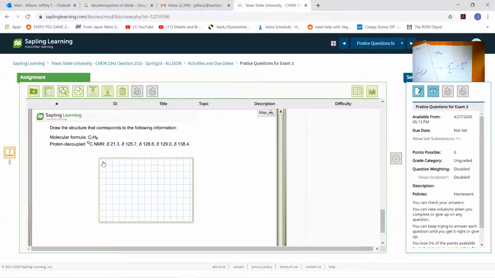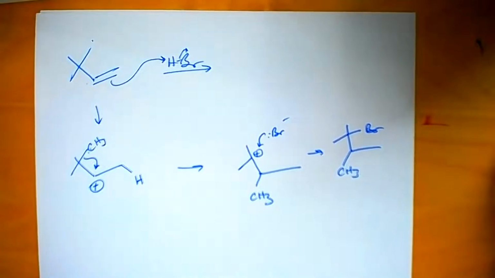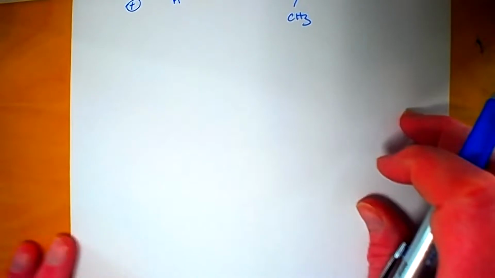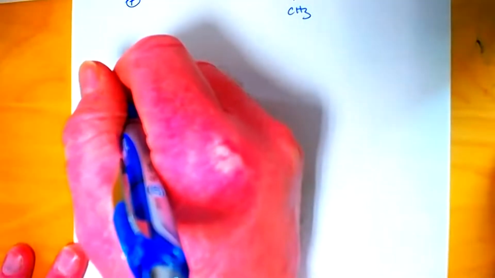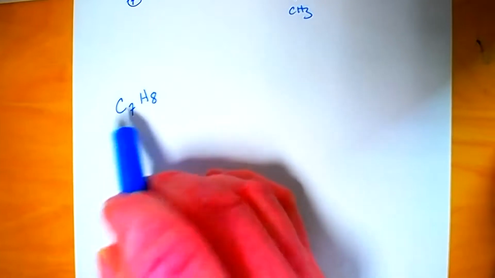Now, let me go back to the main page here, and I want to show you guys something. Something I did not, I think, address with you all in here, but it is a fairly useful skill, is to think about how saturated a system is. So the chemical formula that was given to us over there was C7H8.